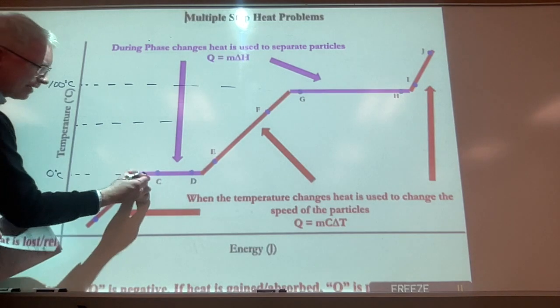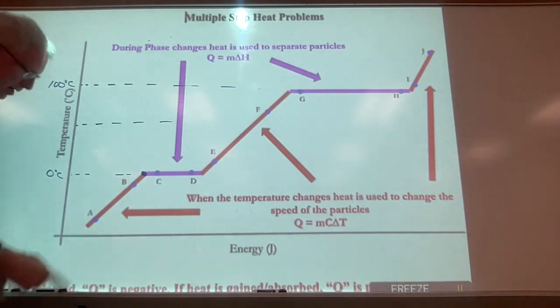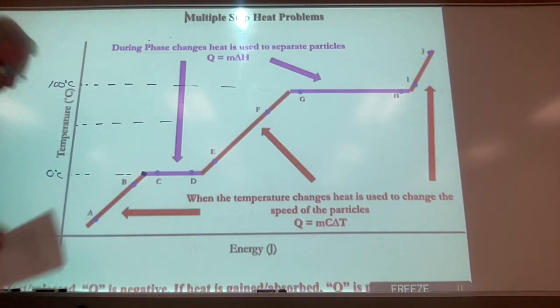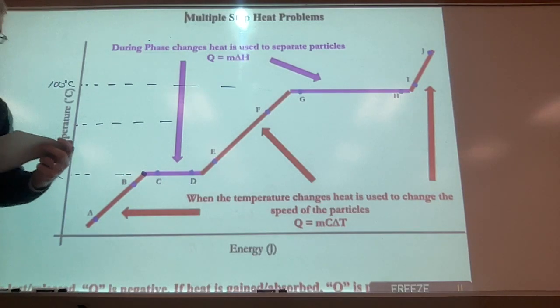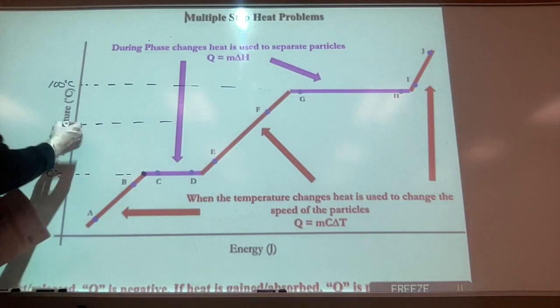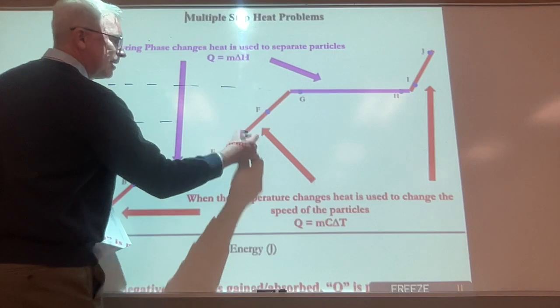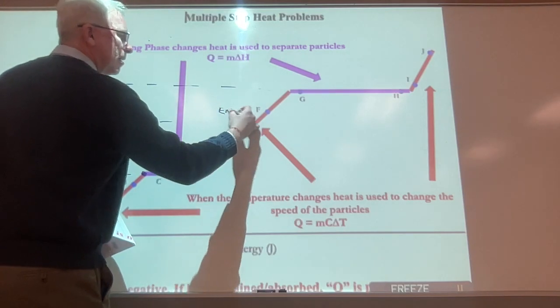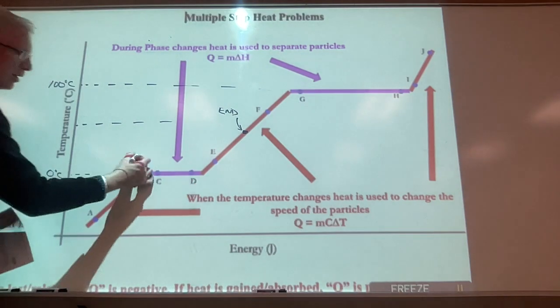We're here again. It's the only point where we have a solid at 0 degrees. And we are going to heat this thing until it becomes a liquid at 44 degrees, which is here. So we're going to end right here. So start and end.